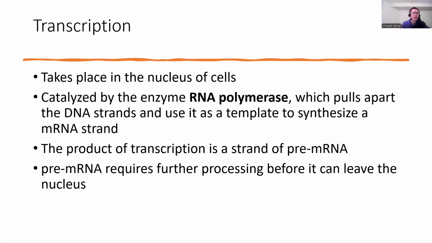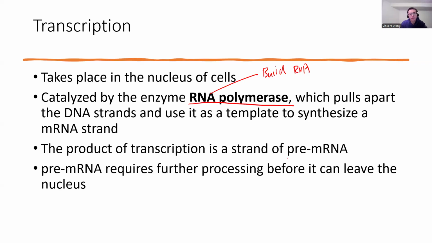And instead of using DNA polymerase, which builds DNA, we are using RNA polymerase. Okay, RNA polymerase is used to build RNA. The name kind of tells you what it does, right? And it will be using the DNA strand as a template to help create the messenger RNA.